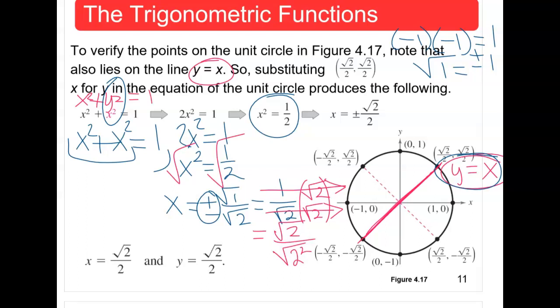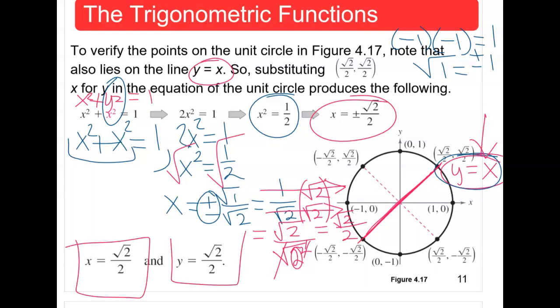And so, of course, the square root and the square cancel each other. And so now we are left with the square root of 2 over, and from here, we still have that 2. And so that is how we get that number for x and how we get that number for y. And also, since we're saying x and y are equal, that's how we determine that x and y are both the square root of 2 over 2.